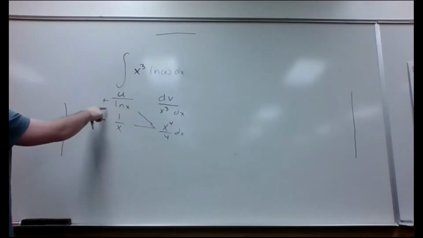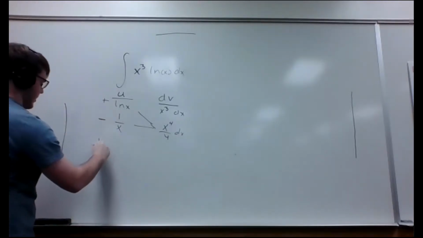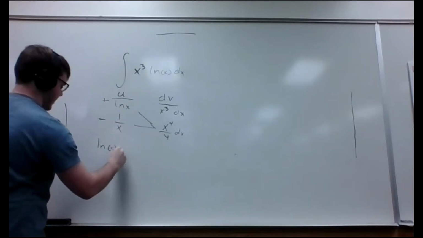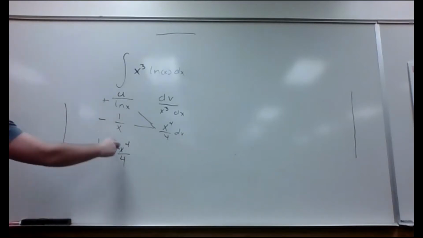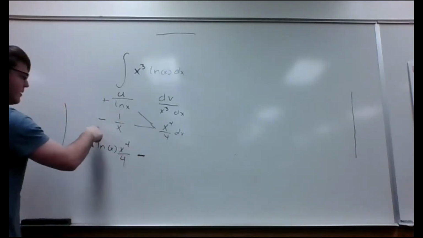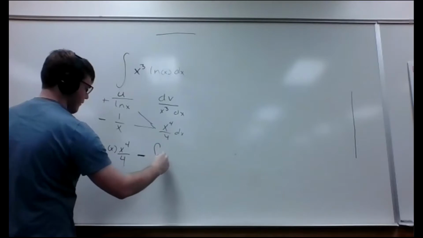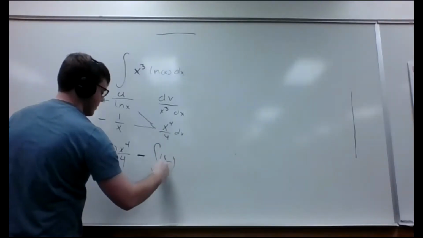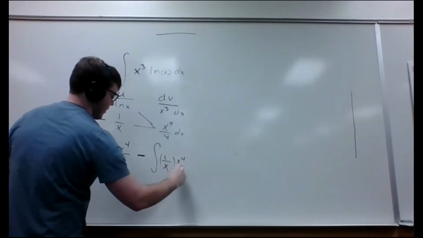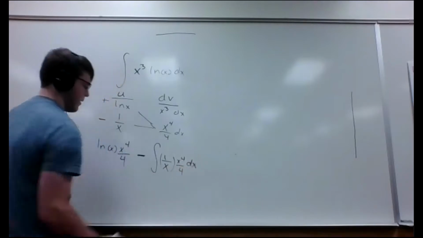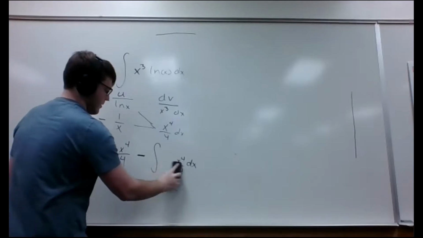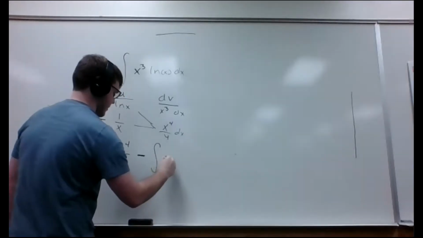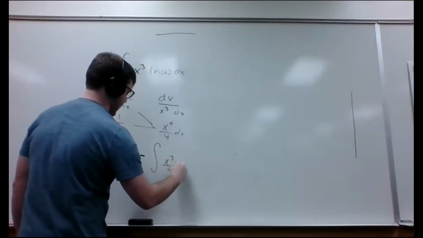So if we set this up, we know the first term is going to be ln x times x to the 4 over 4. But then we're going to have this minus the integral of 1 over x times x to the 4 over 4. Right? And this x will just cancel out, and it would be x to the third over 4 dx.